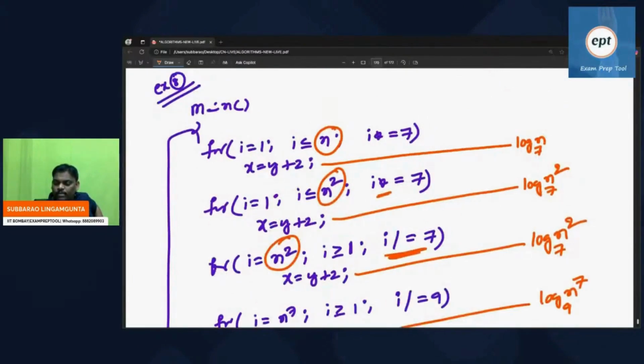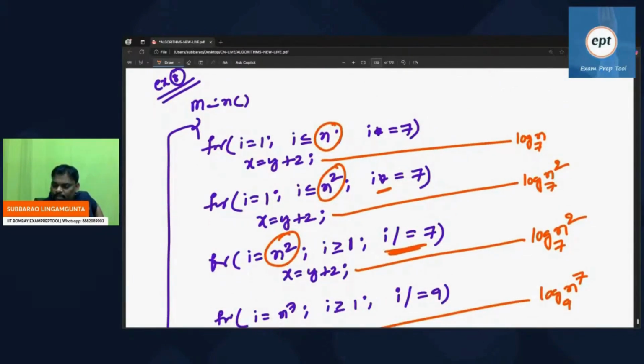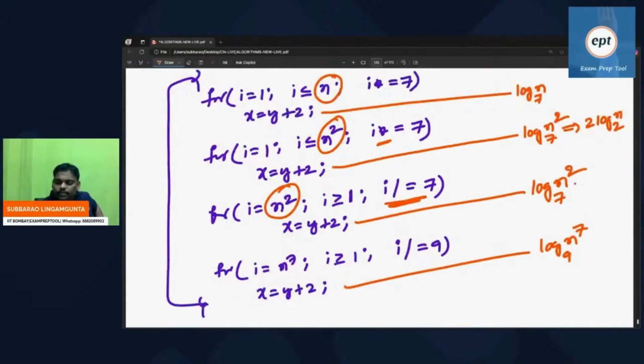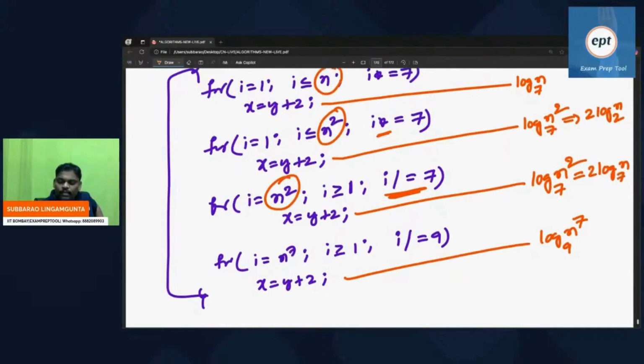Now some people are asking, sir, this can be written as this. This can be written as log n base 7. This can be written as 2 log n base 7. This can be written as the same, 2 log n base 7. This can be written as 7 log n base 9.